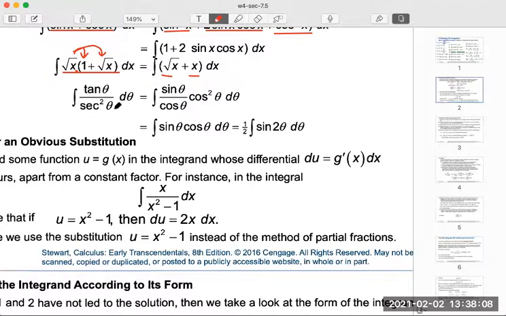And secant is 1 over cosine, then secant squared will be 1 over cosine squared. Division of two fractions will be the multiplication of the first one with the reciprocal of the other one, which will be this guy, and simplify it. And with the formulas of trig functions here, it becomes a lot easier.